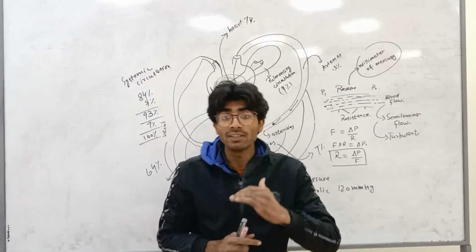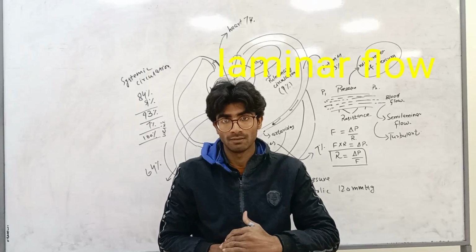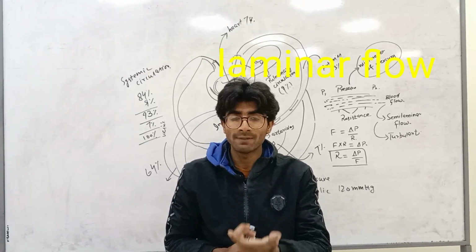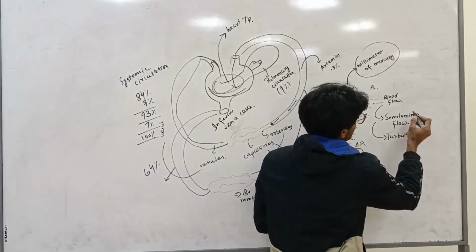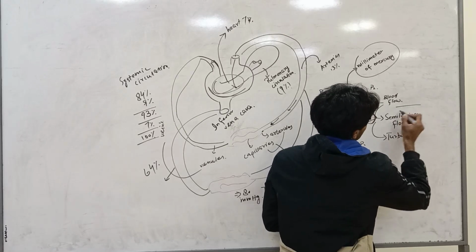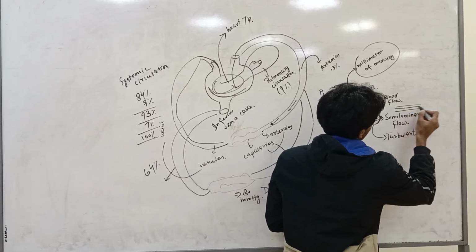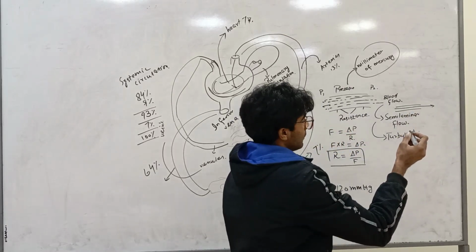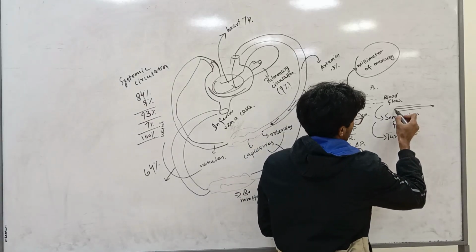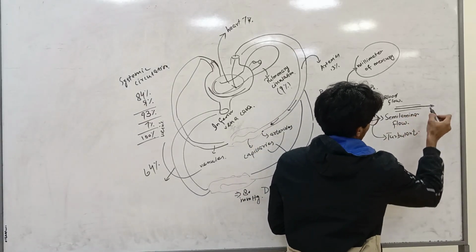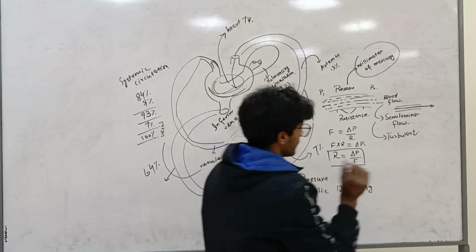When circulation is in a steady state at the center point of the blood vessel, it is known as laminar flow. Look at this, the blood flows continuously in the center, in a straight line.